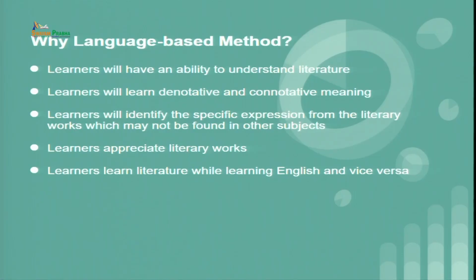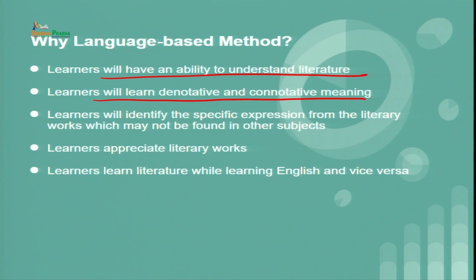Now looking at this slide, let us try to understand why the language-based method is important. So learners will have an ability to understand literature. The second thing is that learners will learn the denotative and connotative meaning of the text.